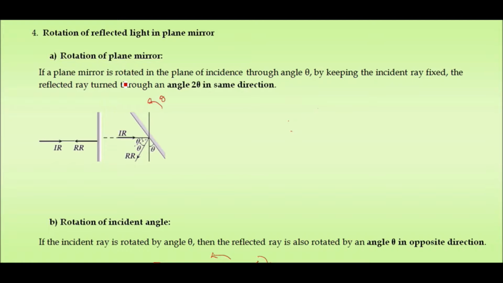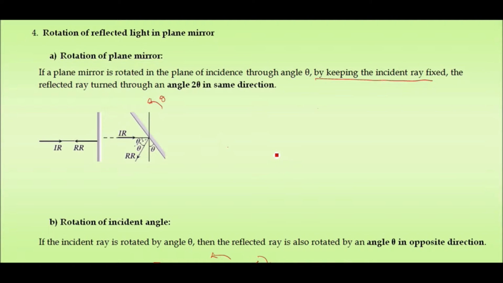If a plane mirror is rotated in the plane of incidence through an angle theta keeping the incident ray fixed, then the reflected ray turns through an angle 2 theta. And this is equally true when the light ray is making an angle theta with the normal direction.